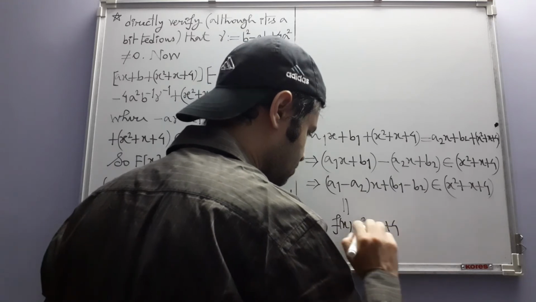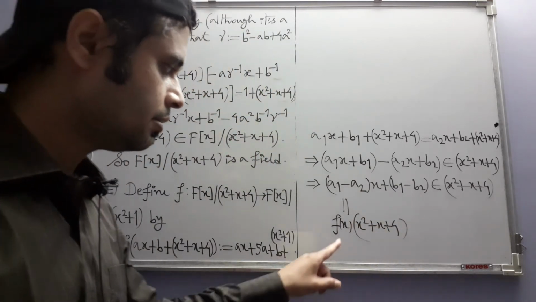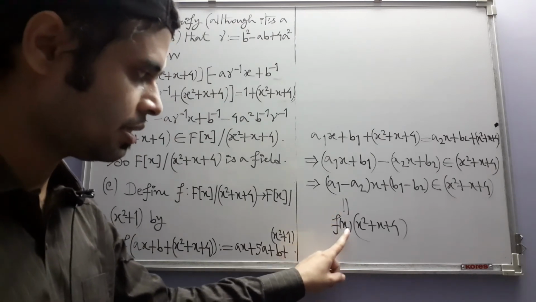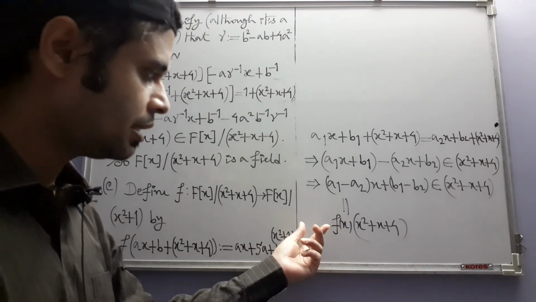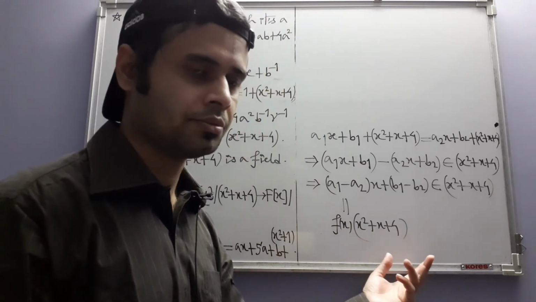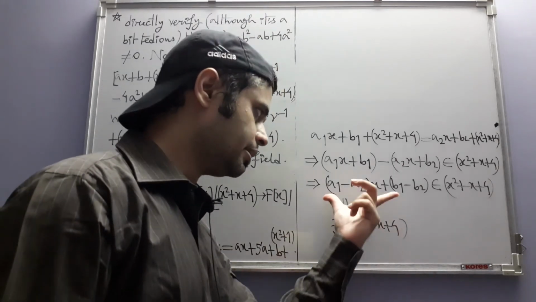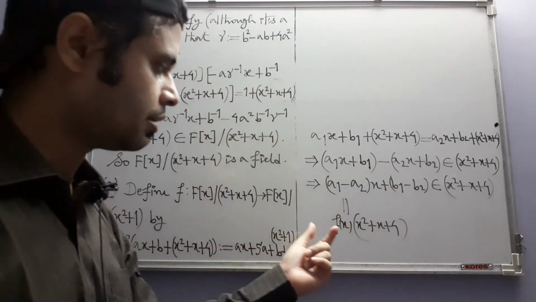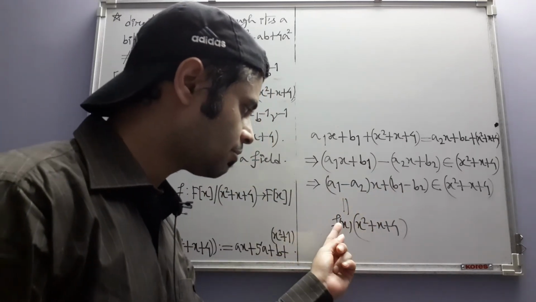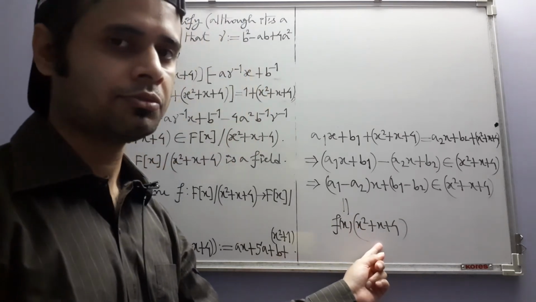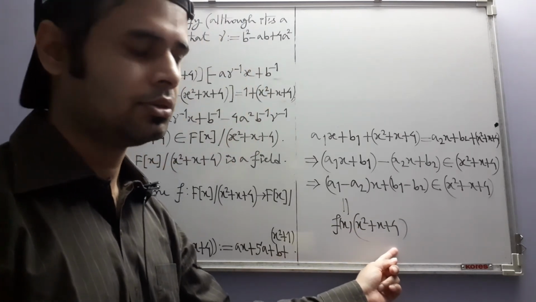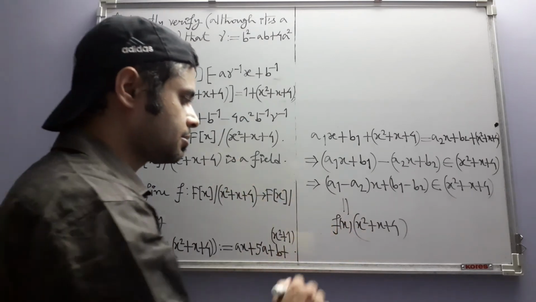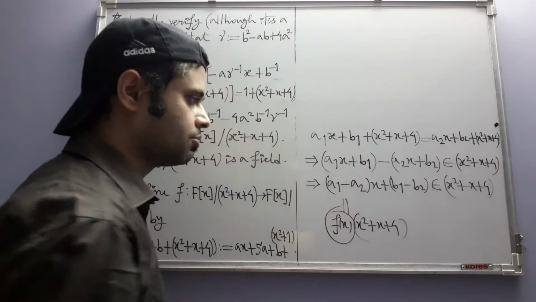then this fx must be equal to 0, because if this fx is a non-zero polynomial, then we can apply the degree formula to conclude that the degree of this polynomial, which is less than or equal to 1, is equal to the degree of fx plus degree of this one, which is equal to 2. Clearly that will give you a contradiction. So this fx must be equal to 0.